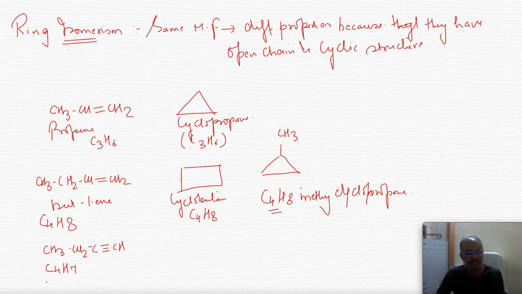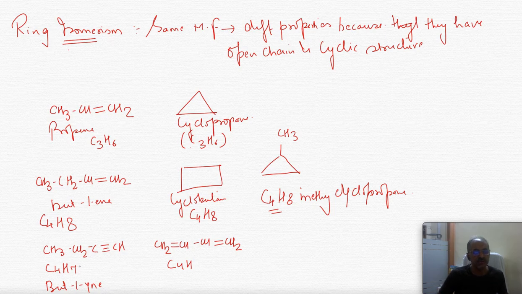This is but-1-yne. Then take for example CH2 double bond CH dash CH double bond CH2.